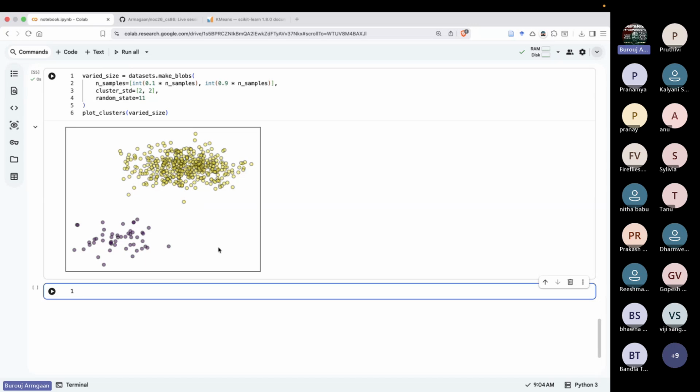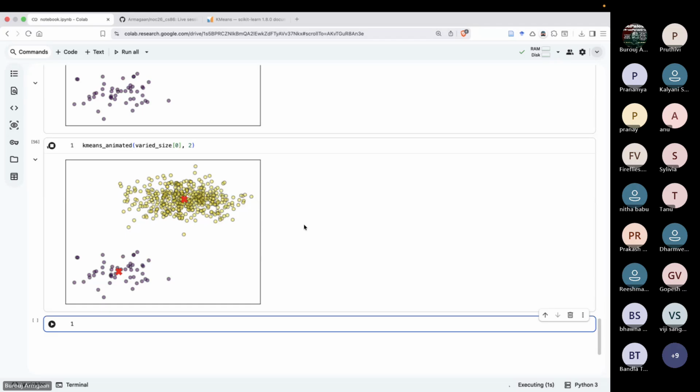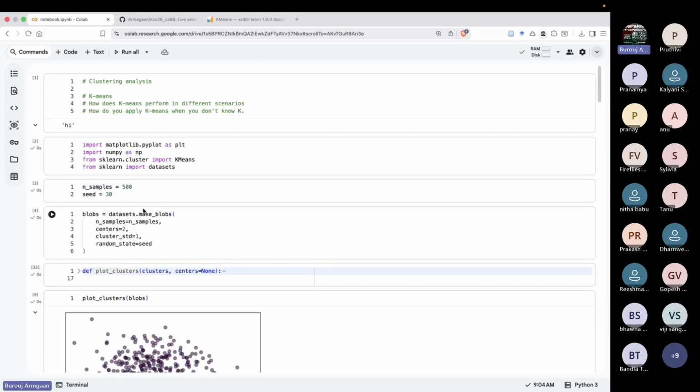Let's try with this one and see what happens. Yeah, this one works because they are too far apart, so it gets away with it. How many samples are we using? 500? Yes, 500.